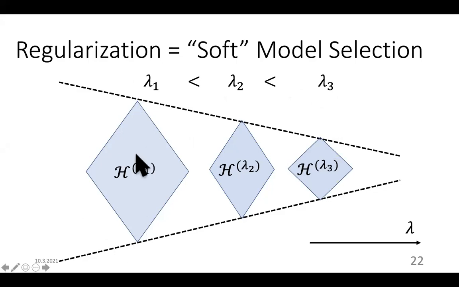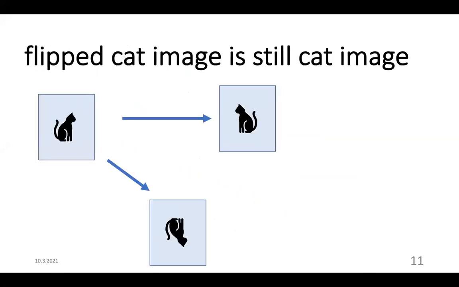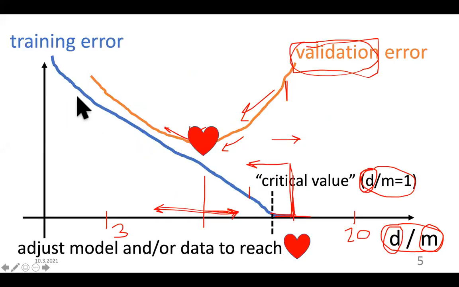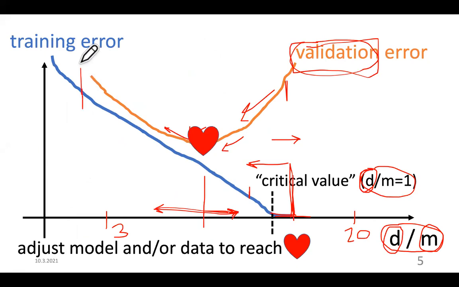So I move on this validation error curve. What I had in the Excel spreadsheet, I was here. I had an extremely large training error and an even larger validation error.